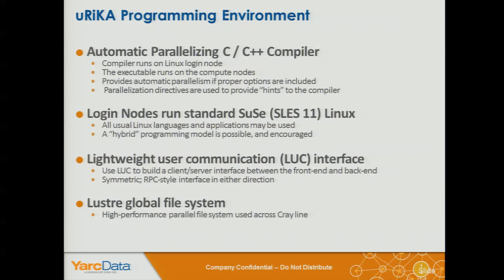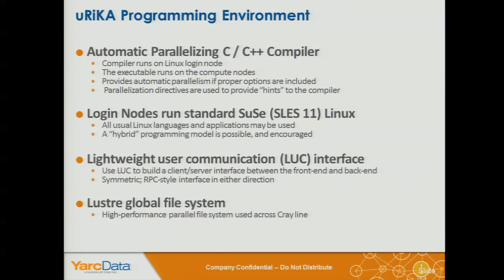Basically, you can build a client-server style interface between the front end and back end. So you can do part of the processing on the front end, part on the back end. It looks like an RPC interface back and forth across the file systems. And LUC does operate on the high-speed network because the service nodes are connected to the high-speed network, and so are the ThreadStorm nodes.